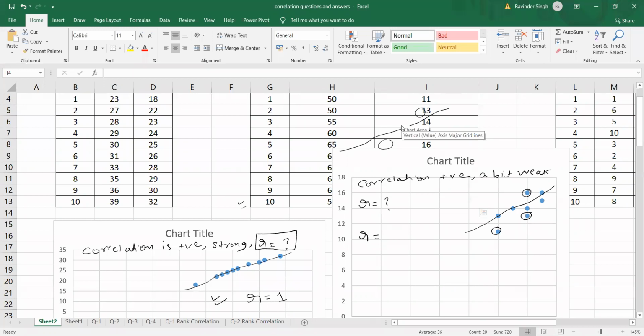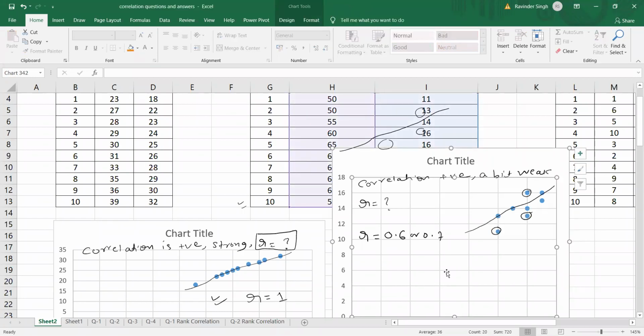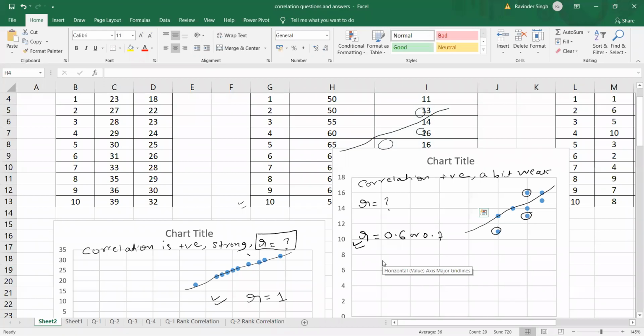What do I mean by weak correlation? The R value will not be exactly 1; because of the behavior of the scatter plot, I'm expecting R to be somewhere around 0.6 or 0.7. All right. Now the next question is how to find this R value.